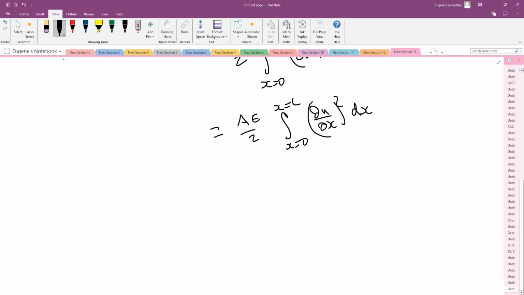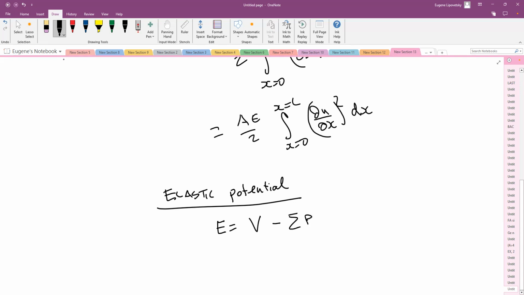The elastic potential, that's something that you might have heard, maybe not. It's going to be E equals the potential energy minus the summation of Pi ui, where P are the forces and these are displacements.